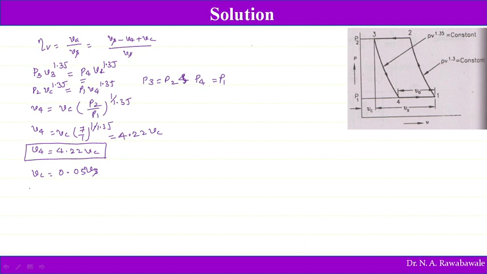So now V4 we can write as 4.4 times 0.05 Vs.